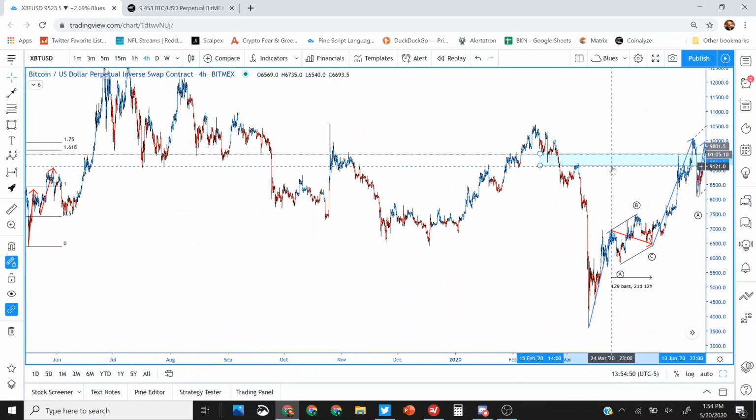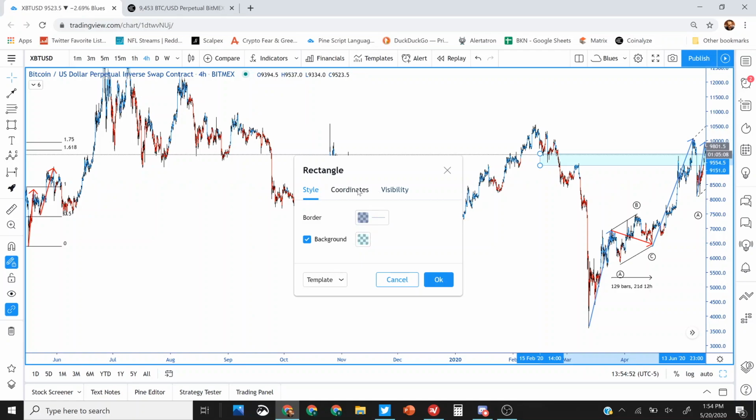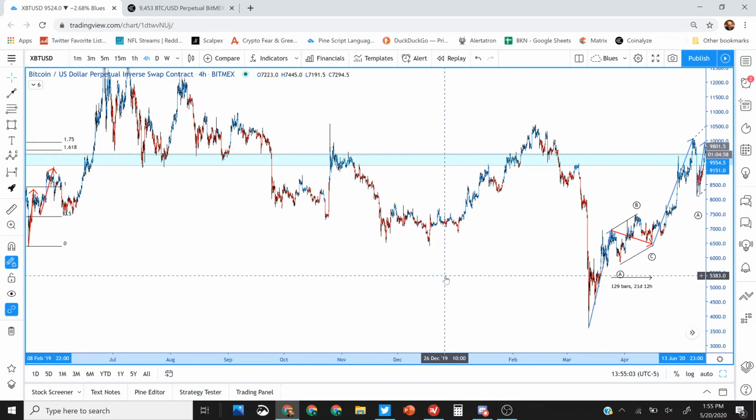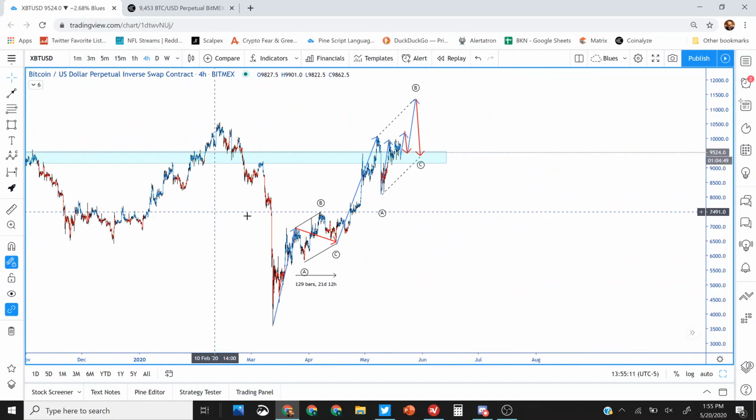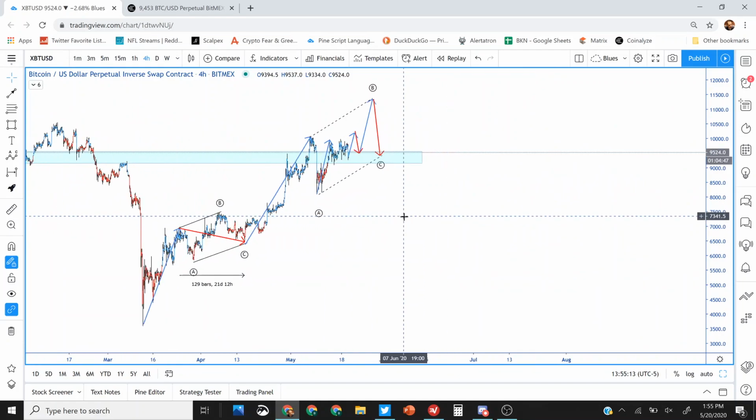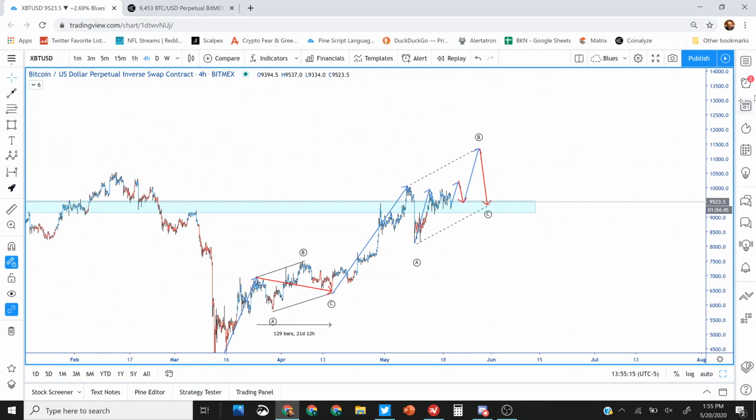You can see this level has acted as relevant for quite some time. Here, here, here, here, there, here. So I think that's a quite relevant zone where we could find support for a continued move up.